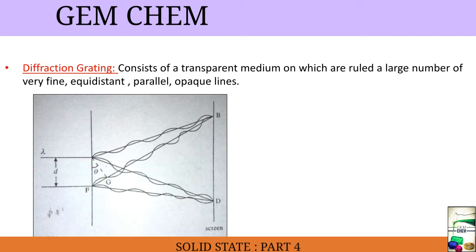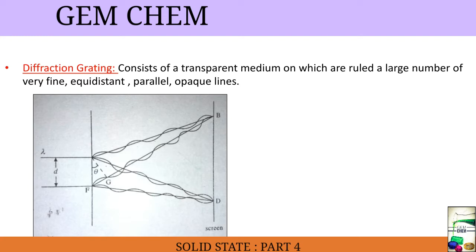So what happens? All the clear spaces will act as secondary sources of light, and therefore will emit light waves in all directions radially outwards. The wavelength and frequency of the diffracted light waves are the same as those of the incident light rays, that is, the ones coming from here and getting away will have the same wavelength.